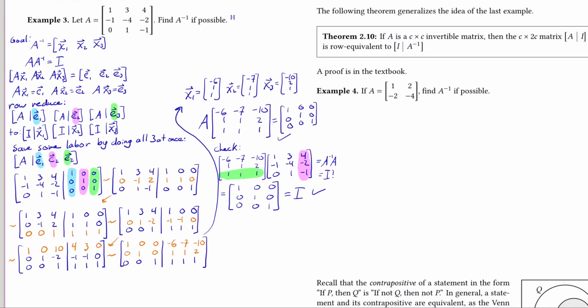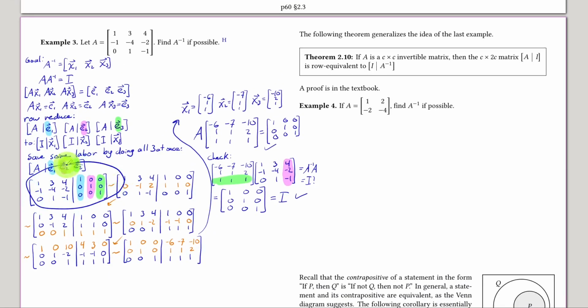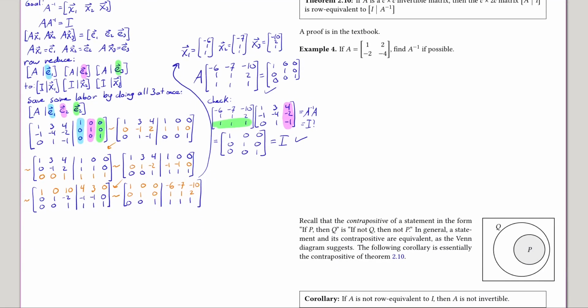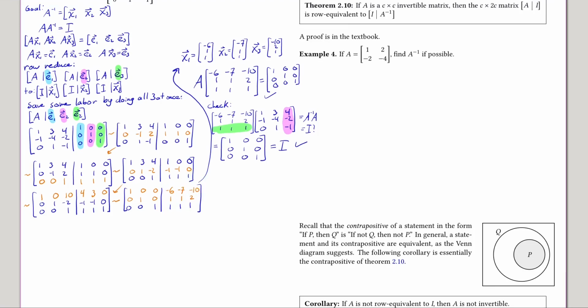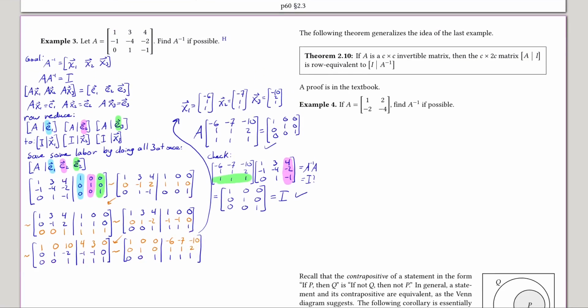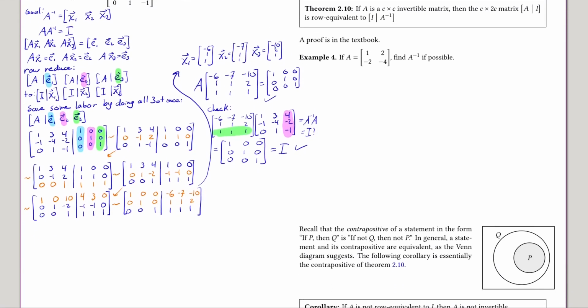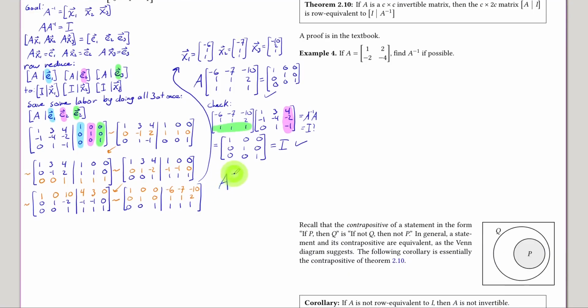That's what we did here. We started with A augmented with I, and we row reduced it to the identity matrix on the left, and that gives you the 3 columns of the inverse, like we just saw. Actually, I didn't really write the answer here clearly, but yeah, we found that A inverse is this.